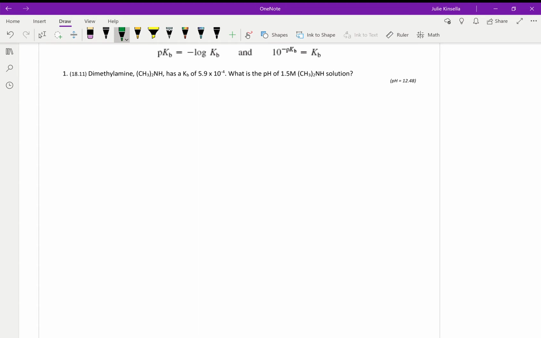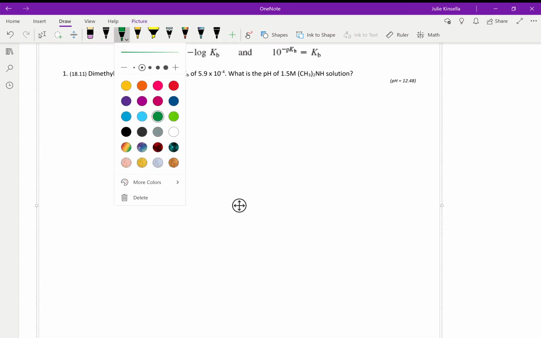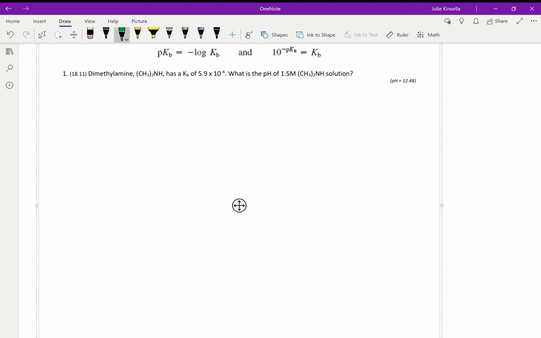So the first thing we want to do is write out the equation like we've been doing for all of these. So I have CH3 NH CH3 reacting with water.